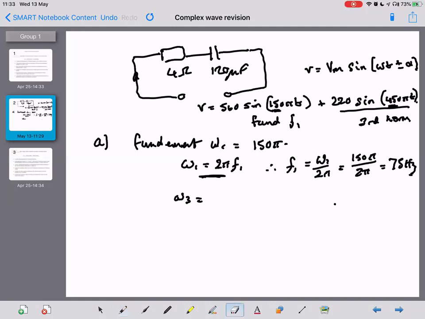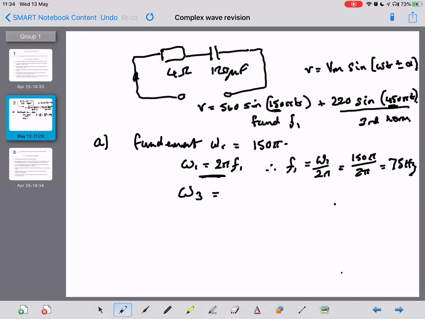So that's just getting the frequency in Hertz when you've been given the frequency as omega, in radians per second.